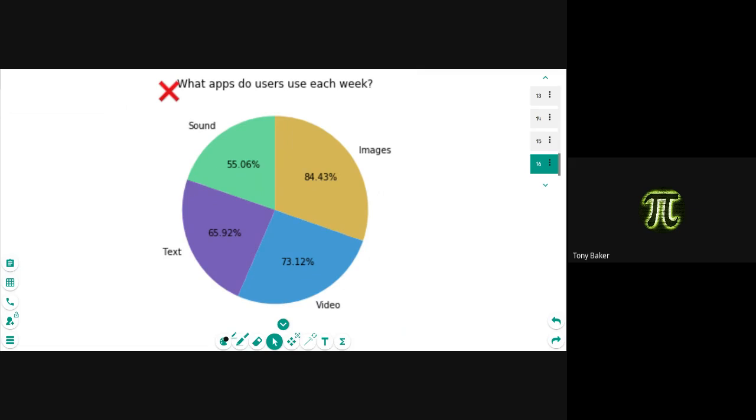That's okay. Nope, can't find that one. All right, let's look at some other graphs.